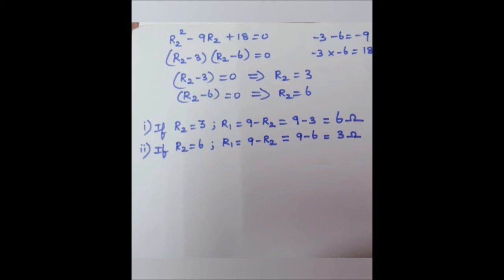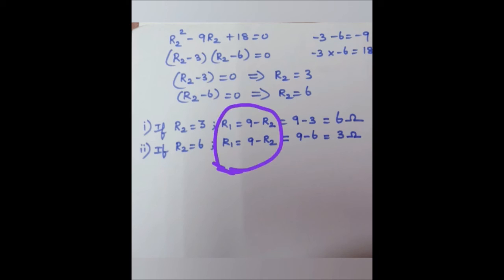If you factorize this, (R2 minus 3) into (R2 minus 6) equals 0. If R2 minus 3 equals 0, then R2 equals 3. If R2 minus 6 equals 0, then R2 equals 6.